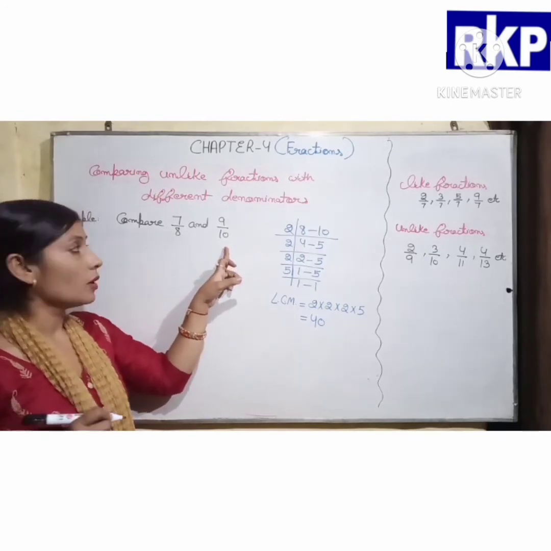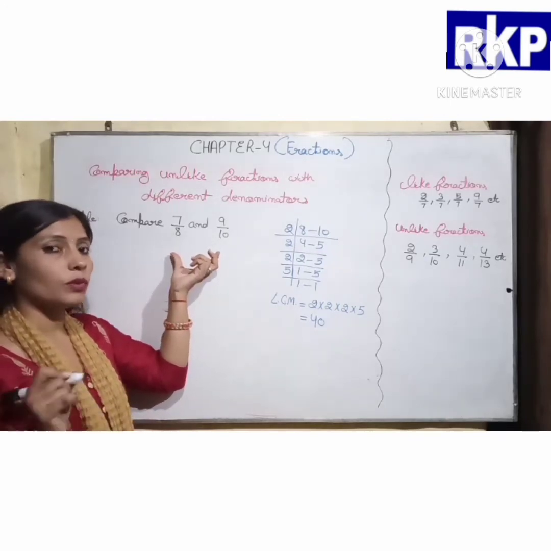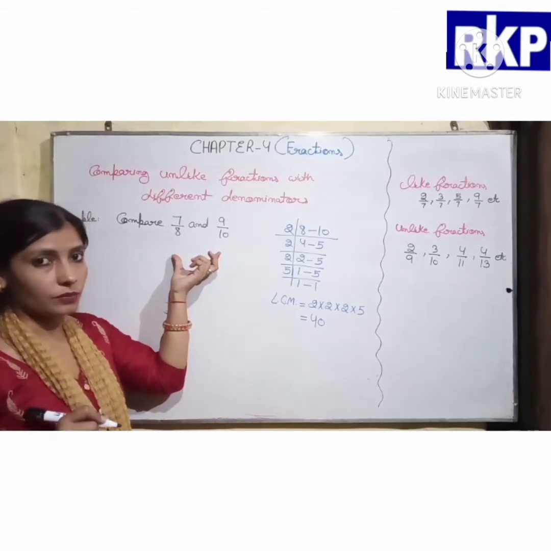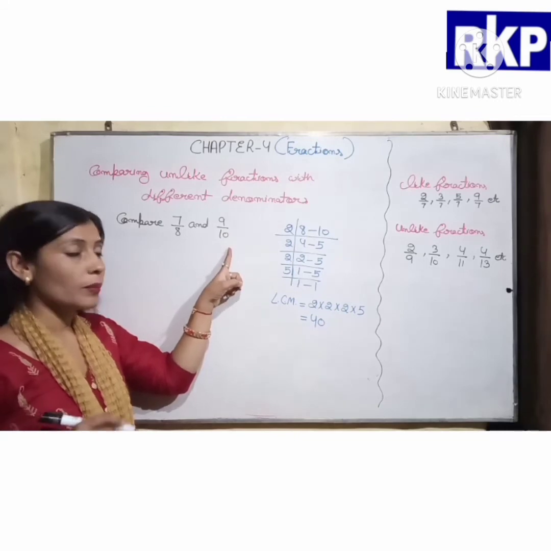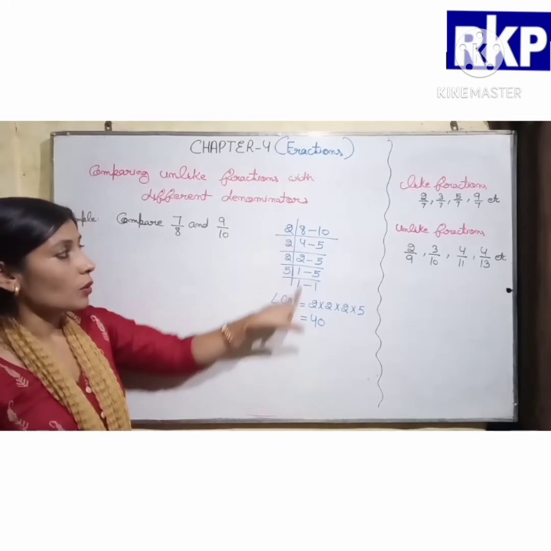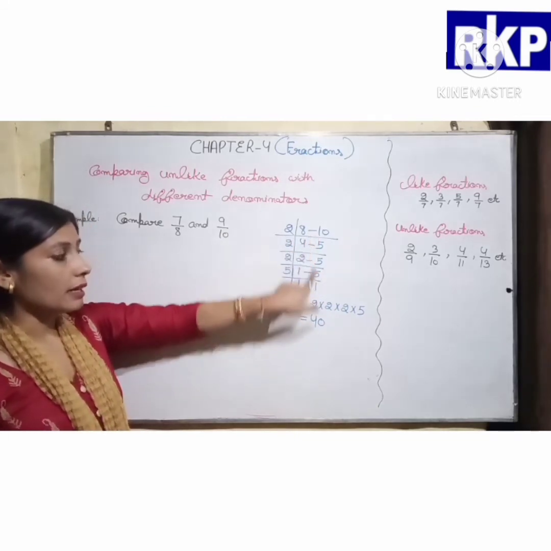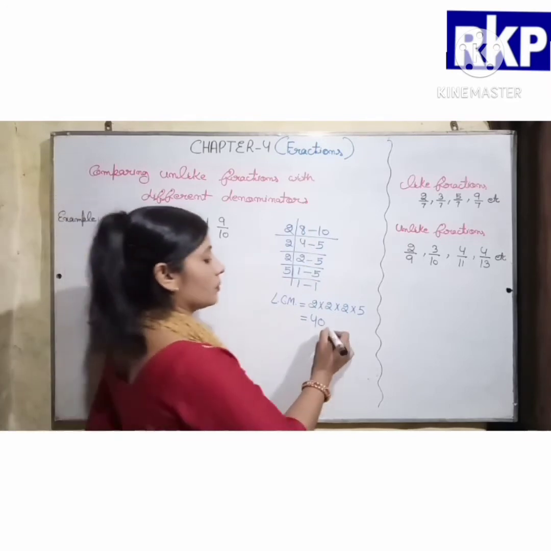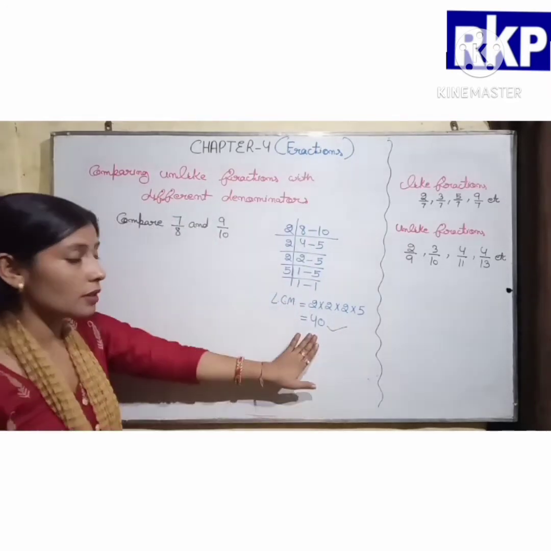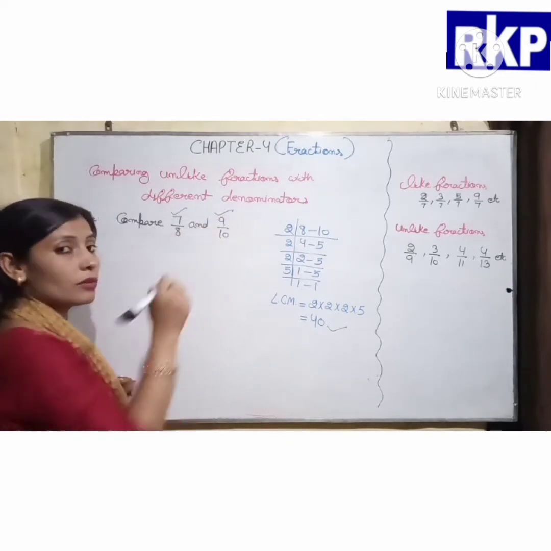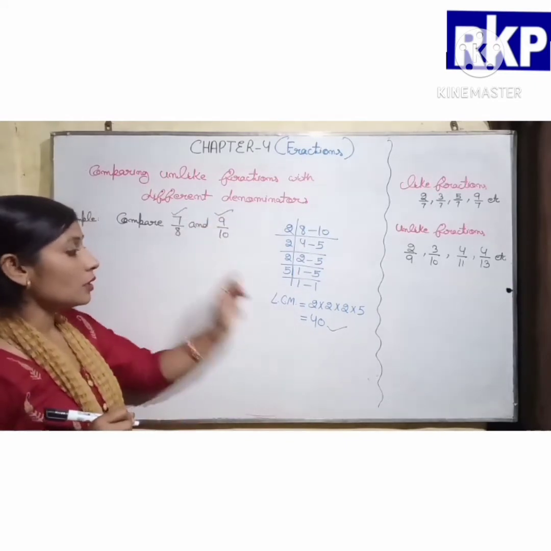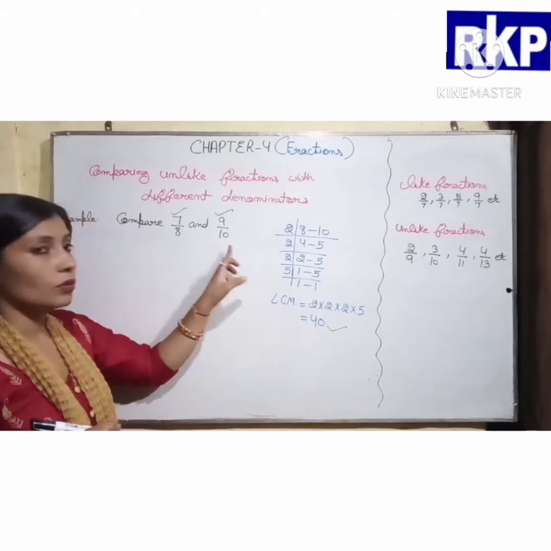So beta, first of all we have to find the LCM of the denominators. Here we have 8 and 10. When we find the LCM of 8 and 10, we get 40.